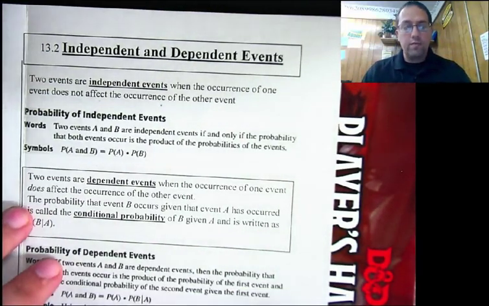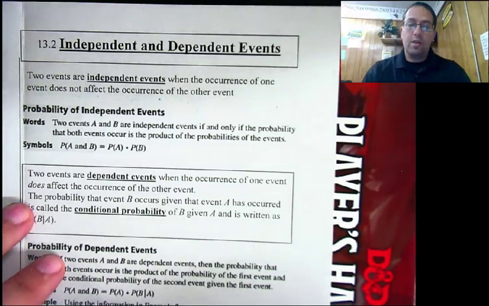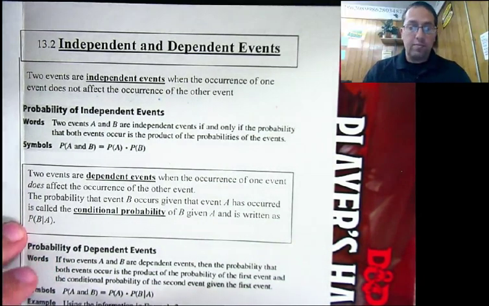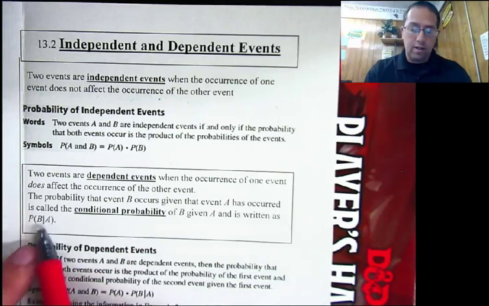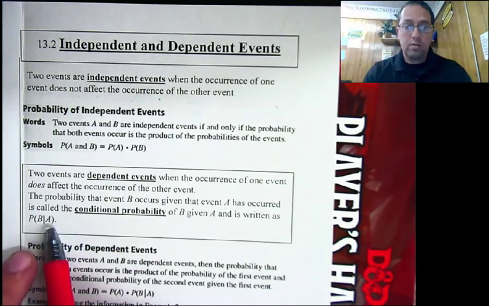When the occurrence of one event does affect the occurrence of the second event, then they are dependent. The probability that event B occurs, given that event A occurs, is called the conditional probability of B given A. We write it like this. This means the probability of B given that A already happened.